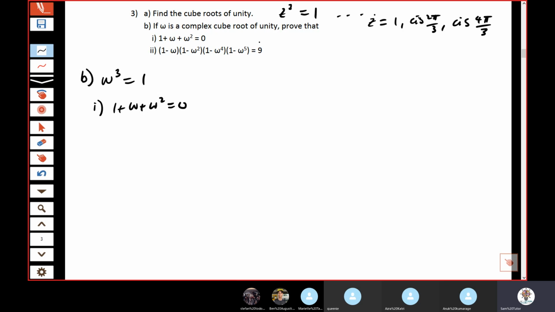No, incorrect. You have to prove, not solve. Be careful. You're actually proving this left-hand side becomes 0. Incorrect. So let's just recall the two methods.